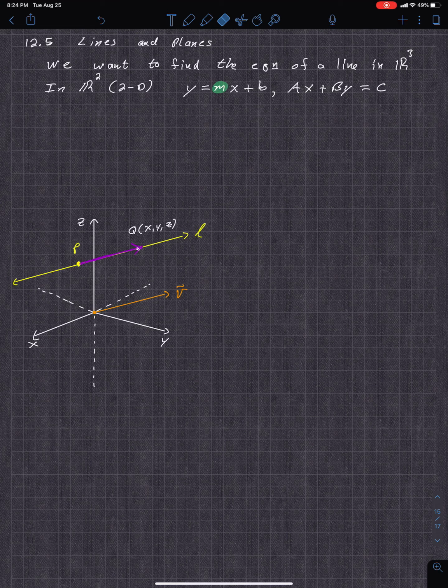Okay, so we're going to define it by, I already drew the picture below. So draw, if you have a moment or want to pause it, draw this picture, and then I'll go through and label it as we go. So here's the derivation of a line in 3-space. We're going to let v equal the vector a, b, c.